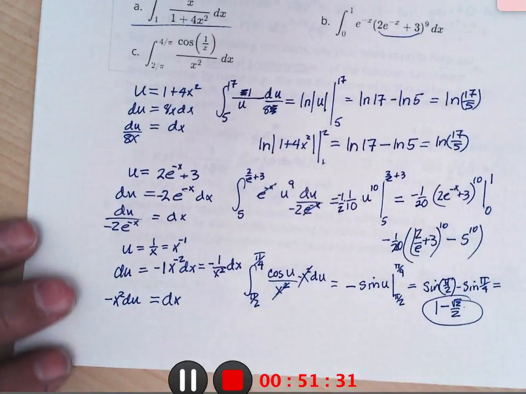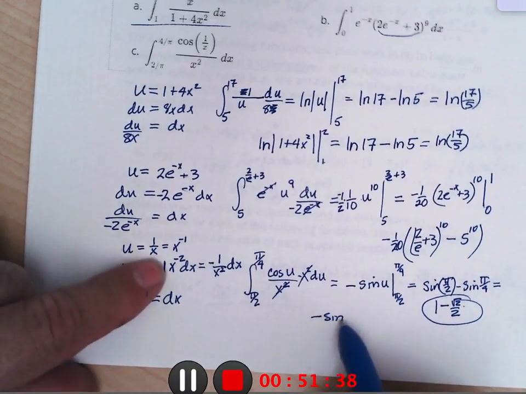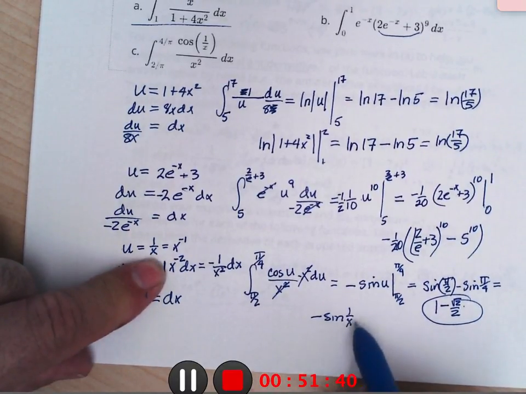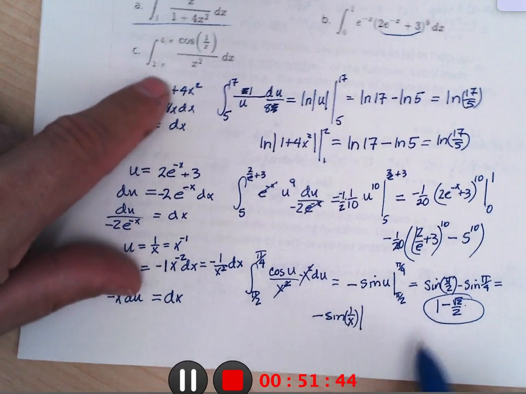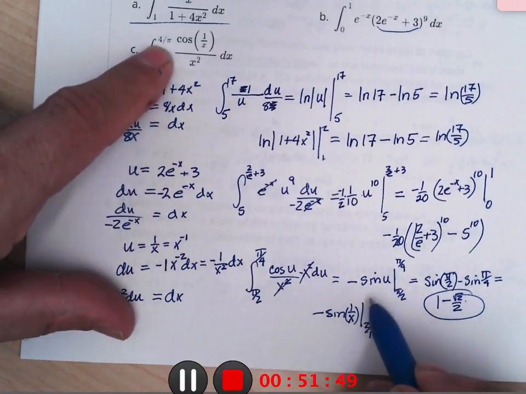Or I could have switched back and it would have been minus sine of 1 over x evaluated from the original limits 2 over pi to 4 over pi.